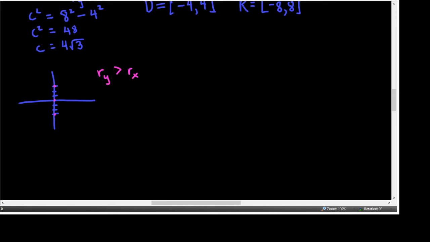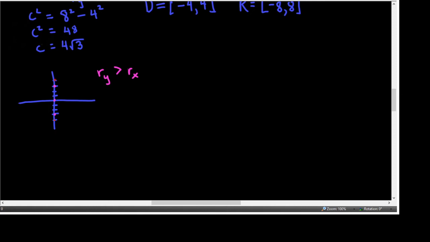All right, then they tell us that the major axis is length 8. So if the major axis is 8 long, half of that is 4, and so that means it will be going up 4 and down 4 to get to the vertices.